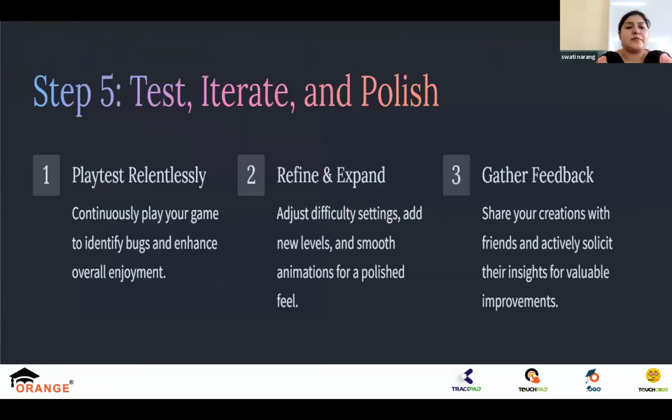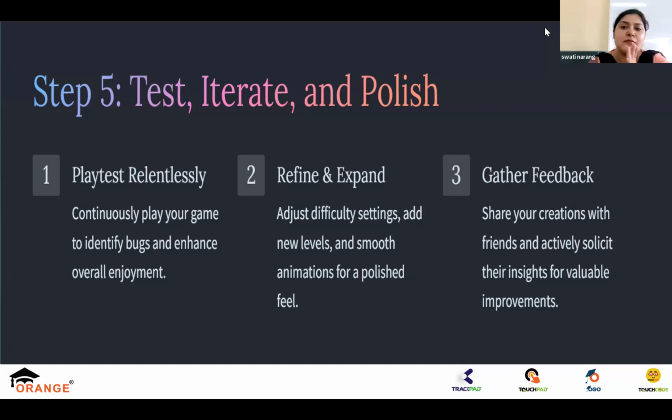Now, the last step is step 5, test, iterate, and polish. What does that mean? You have to play it continuously, to find out where this game would crash and what the bugs are. Then refine and expand. That means we have to adjust the difficulty settings.